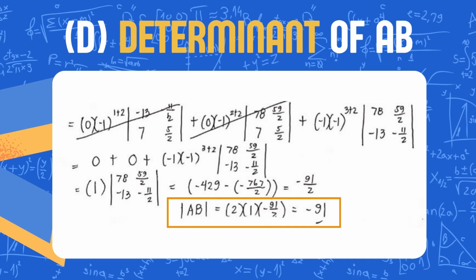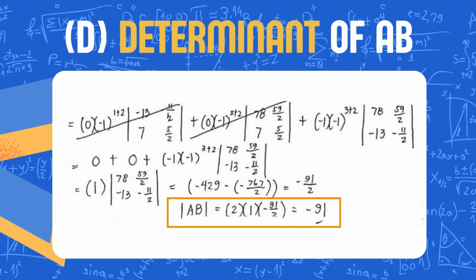The last term is the one we use to solve for the determinant of the matrix product AB. So negative 1 multiplied by negative 1 raised to 3 plus 2, and its matrix 78, 59 over 2, negative 13, and negative 11 over 2.